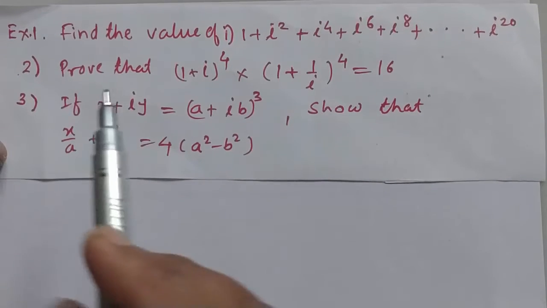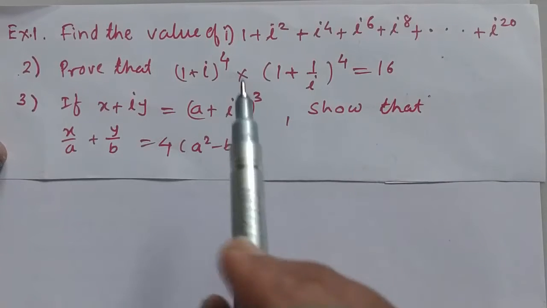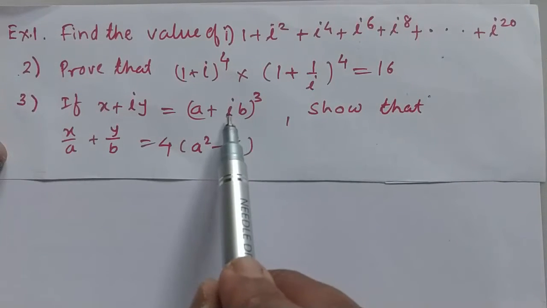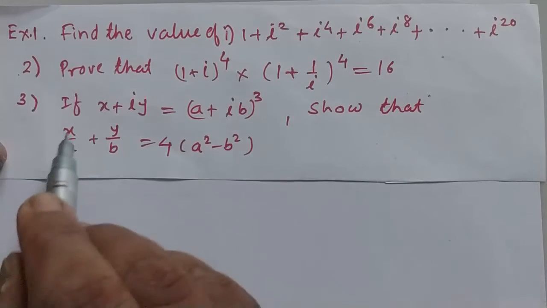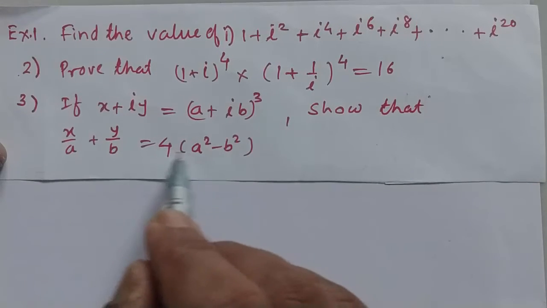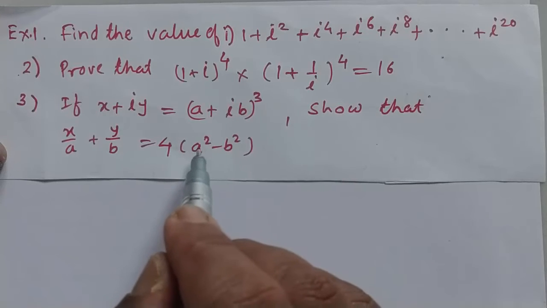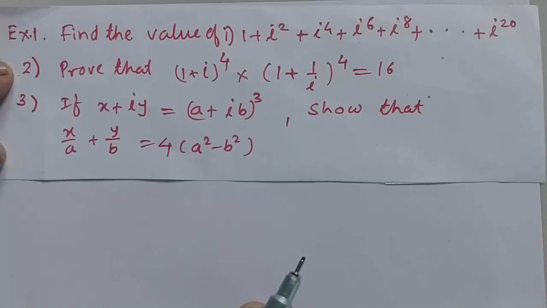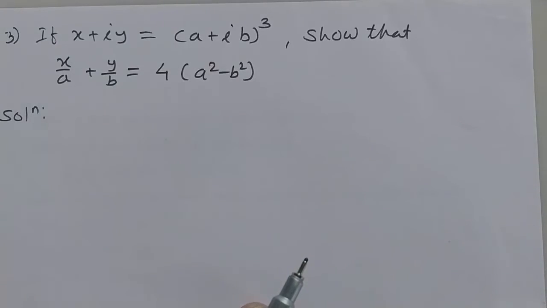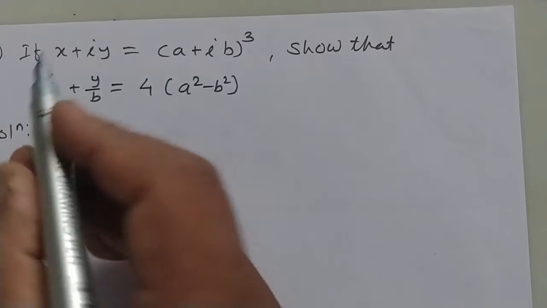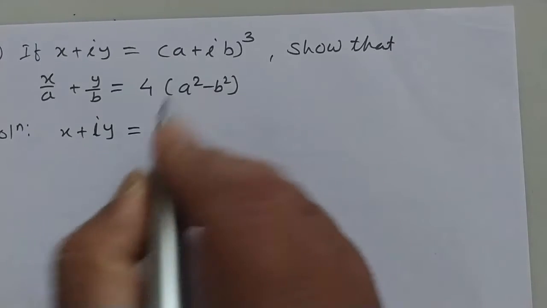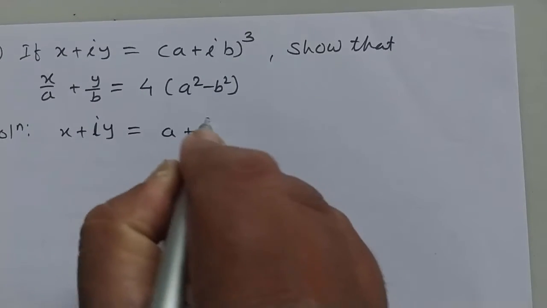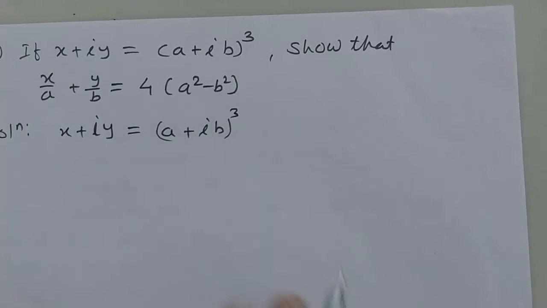Example number 3. If x plus iy is equal to (a plus ib) raised to 3, show that x upon a plus y upon b is equal to 4 times (a squared minus b squared). Solution: the given x plus iy is equal to (a plus ib) raised to 3.